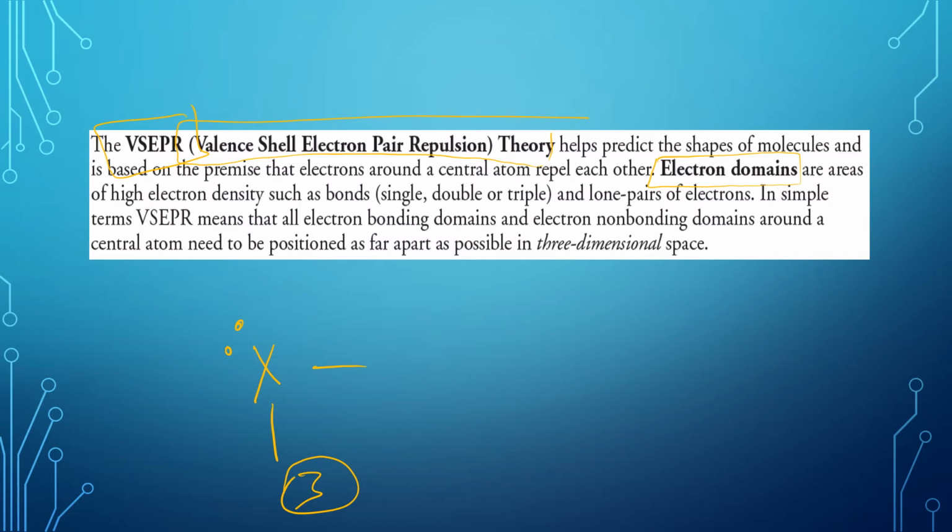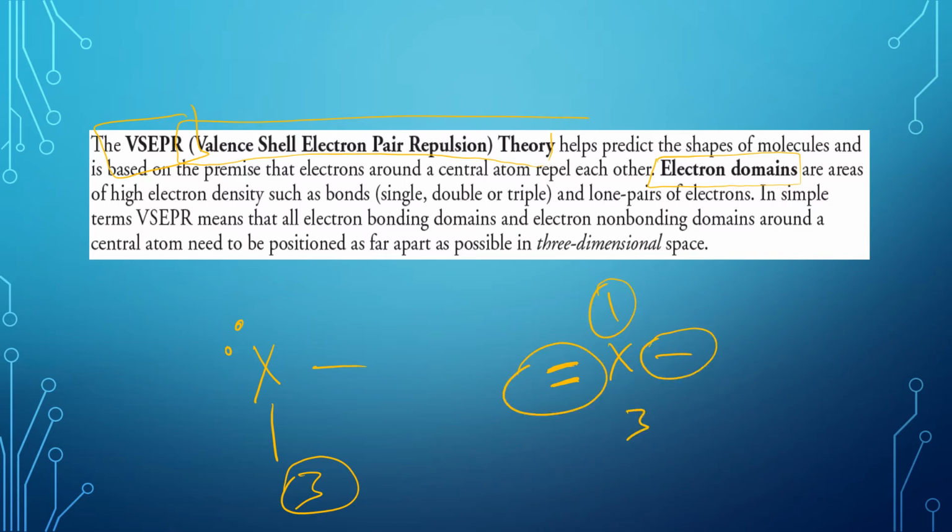You can also have, let's say, if this is another random element, 1, 2, 3, 4. Well, there are 4 domains because you can count 1, 2, 3, 4. But if you saw, say, a double bond instead, even though this is a double bond here, this is still considered 3 electron areas around that central atom.